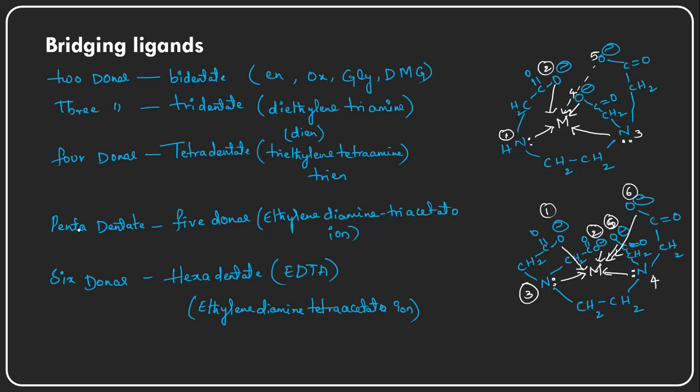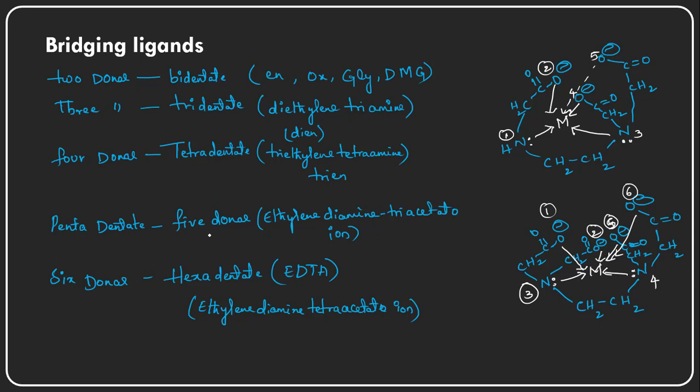In polydentate ligands, when 2 donor atoms are present it is called a bidentate ligand, and 3 donor atoms a tridentate ligand. 4 donor atoms, a tetradentate ligand, and pentadentate ligands mean 5 donor atoms, and 6 donor atoms are called hexadentate ligands.